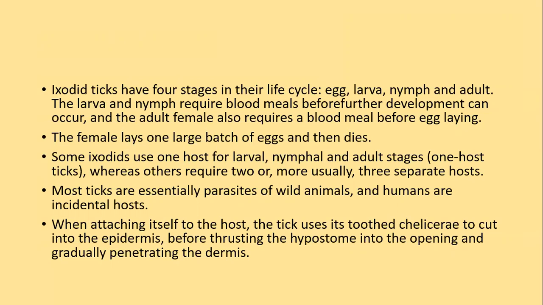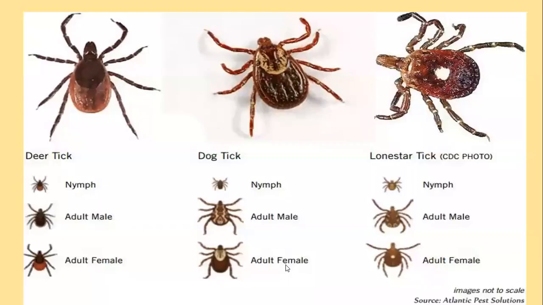Most ticks are essentially parasites of wild animals, and humans are only incidental hosts. When attaching itself to the host, the tick uses its toothed chelicerae to cut into the epidermis before thrusting the hypostome into the opening and gradually penetrating the dermis. So these are a few ticks.